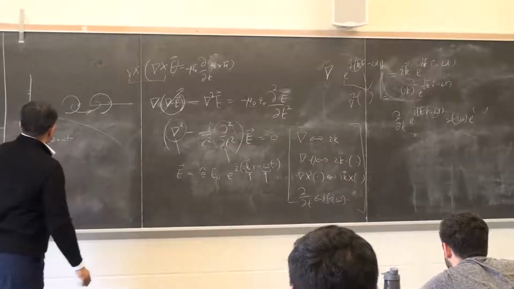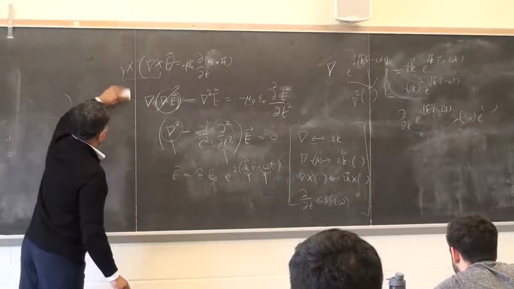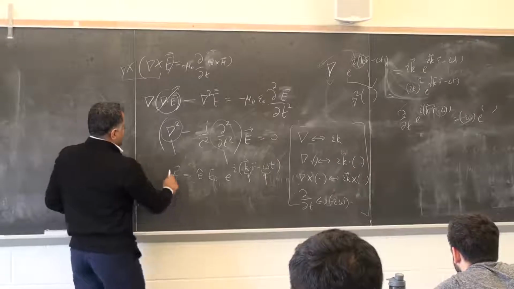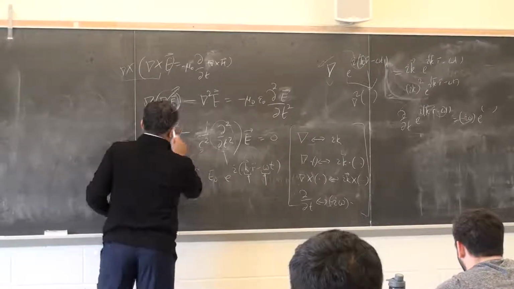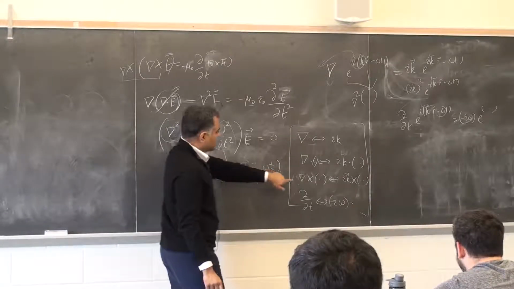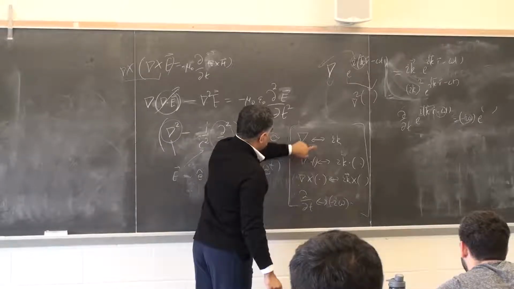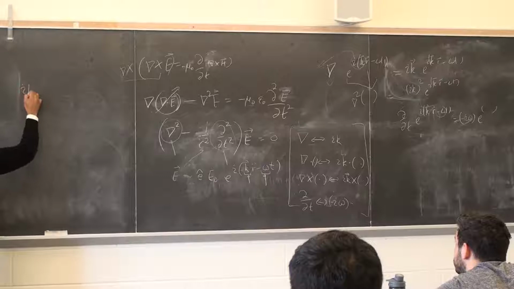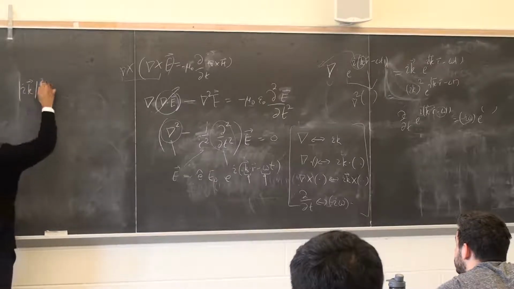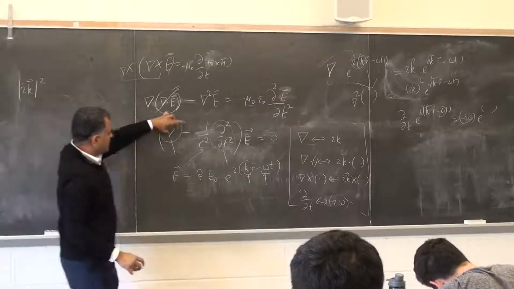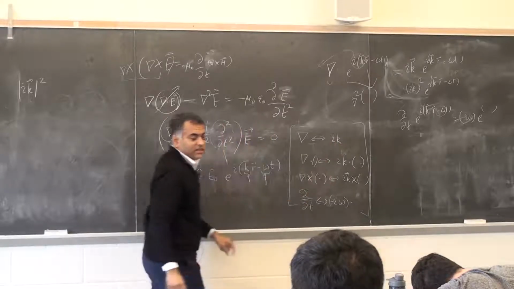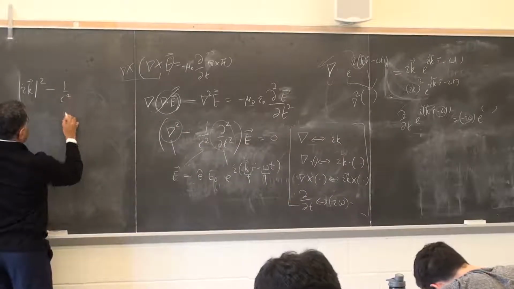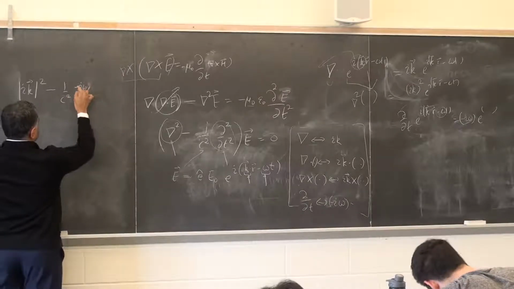Okay, so now we can use this for a monochromatic wave. If I substitute it here, del squared is going to give me (ik) squared, and one over c squared d by dt squared is going to give me (minus i omega) squared.